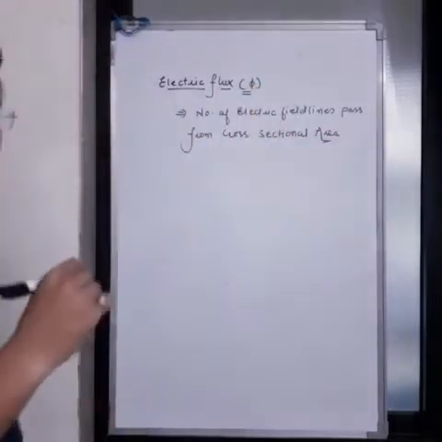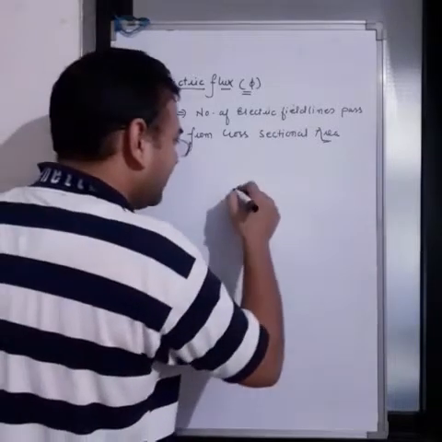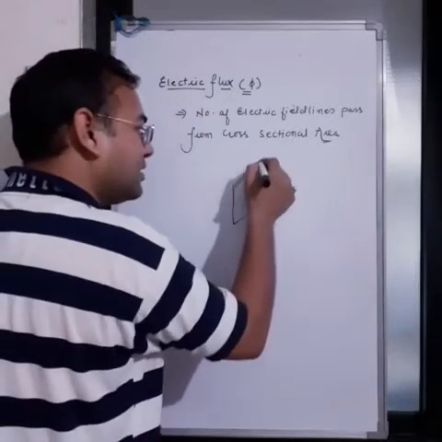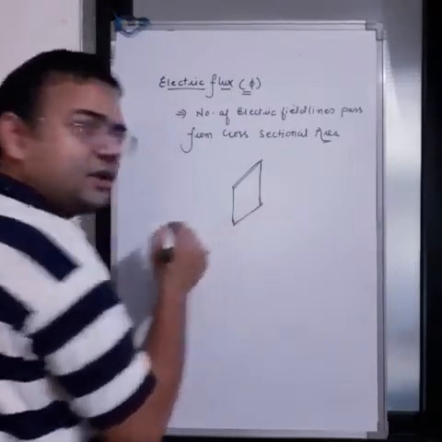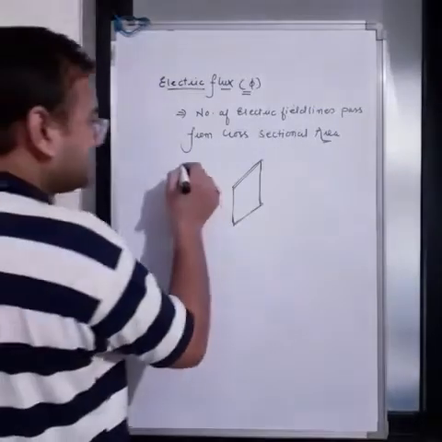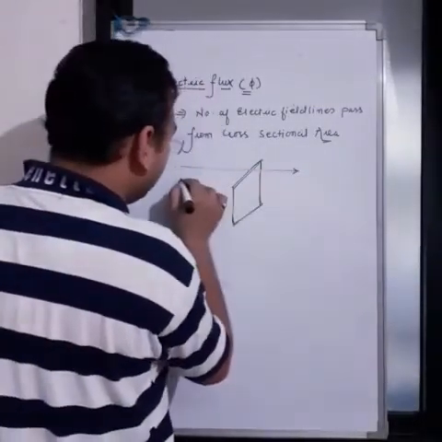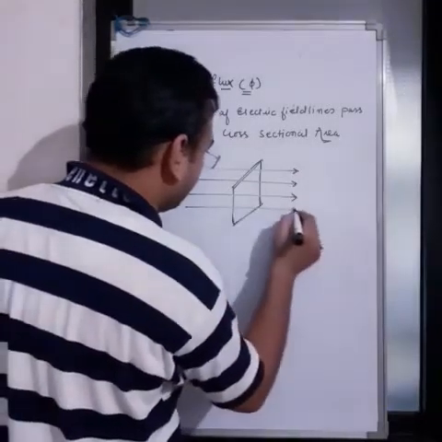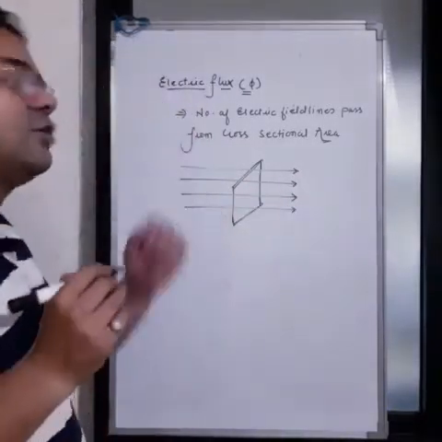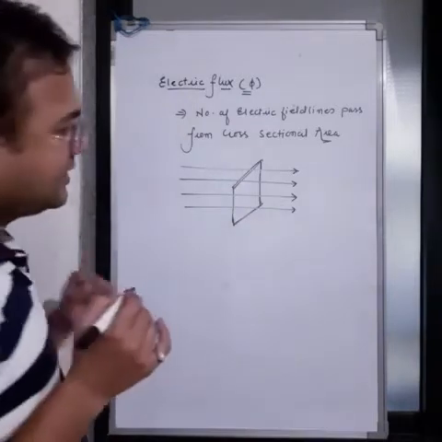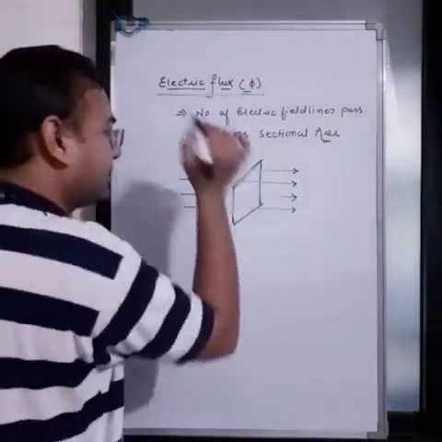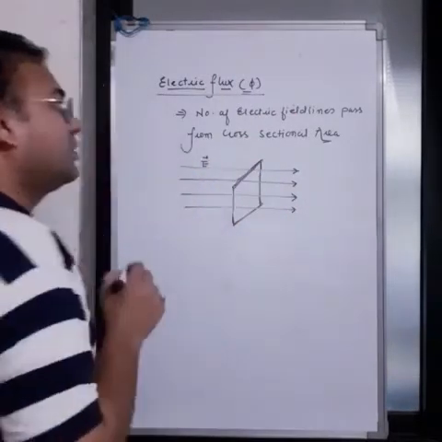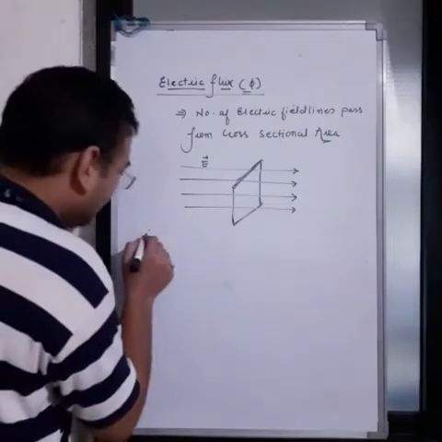Some simplification here. If we consider this as the cross sectional part of any object, then the number of electric field lines like this passing through this object is called electric flux phi. Here we have to include one more thing.